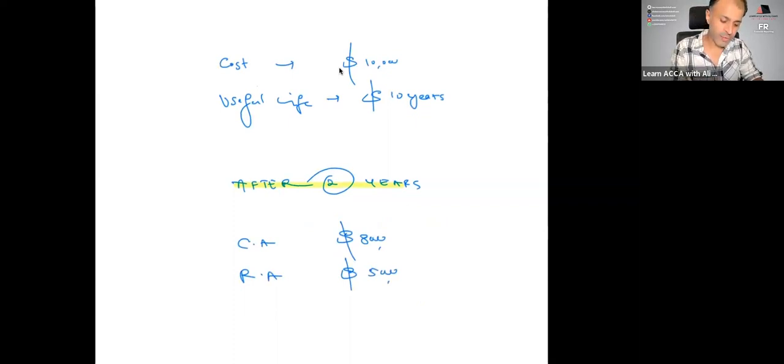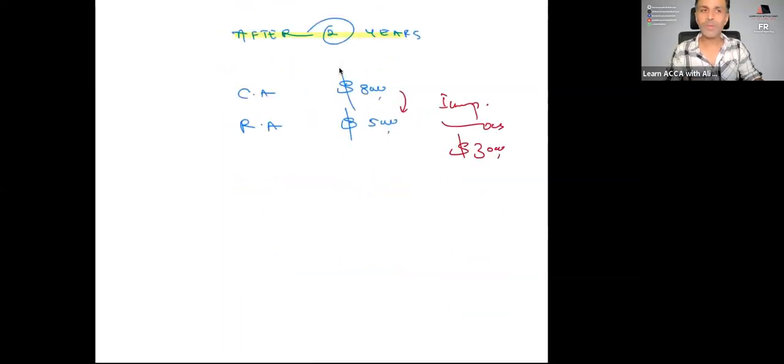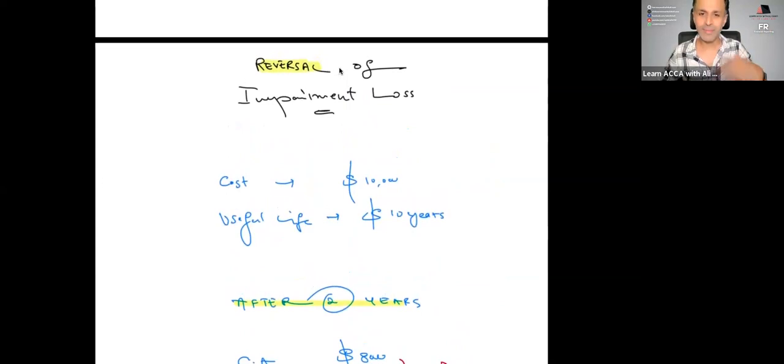This will require us to review this asset for impairment, and as a result of that, an impairment loss of 3,000 has been found. Good. So in order to make the reversal of impairment, we must first impair an asset. So deliberately, I have impaired it first, which now I expect to reverse in the coming years.